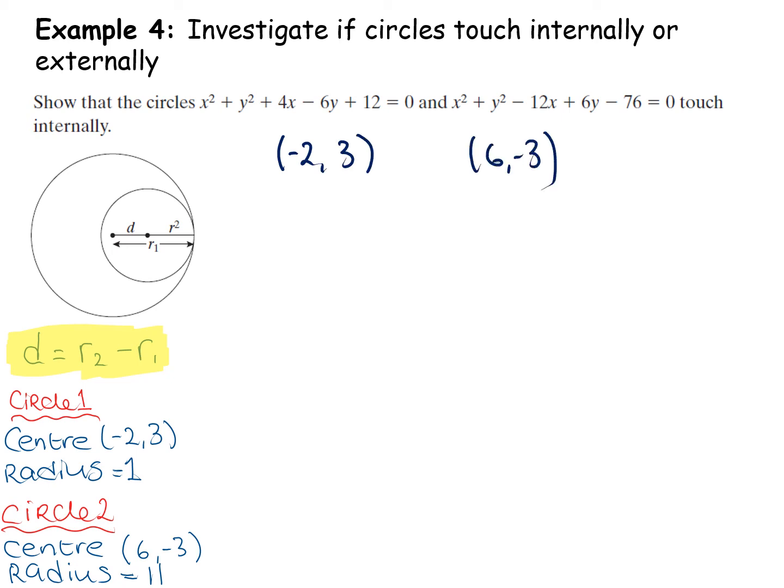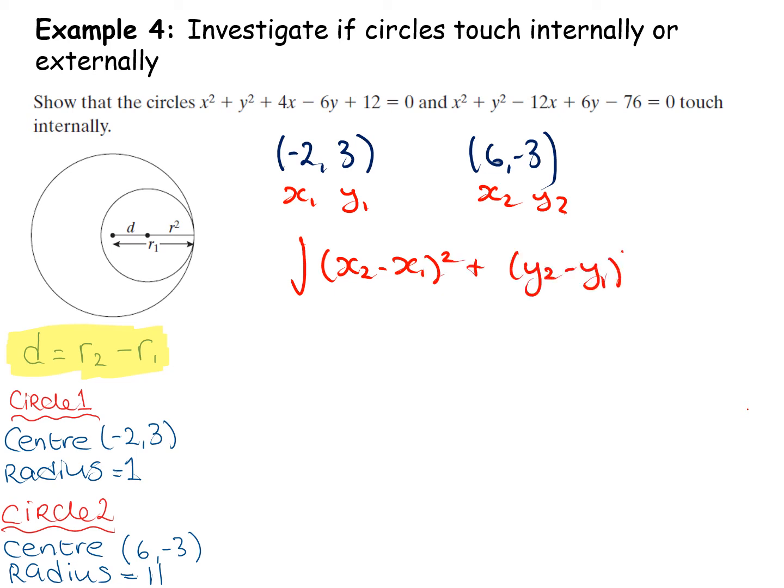We're going to label x1, y1, x2, y2. Our formula is the square root of x2 minus x1 squared plus y2 minus y1 squared.